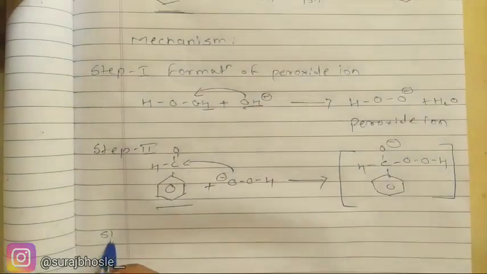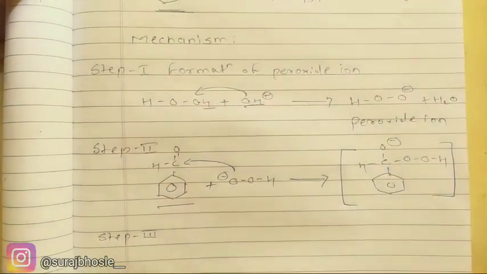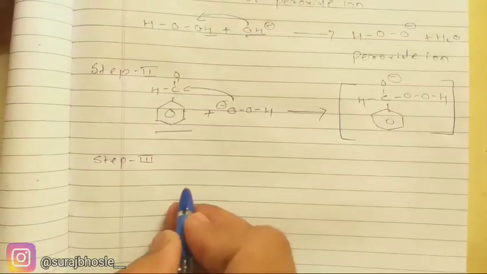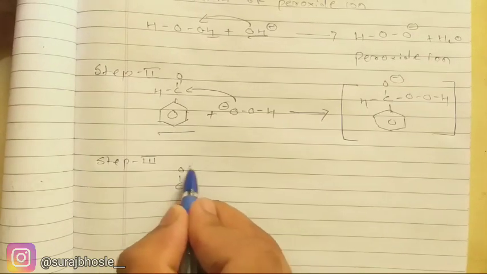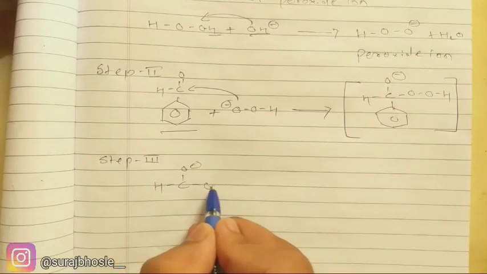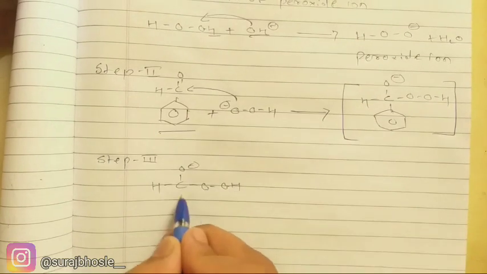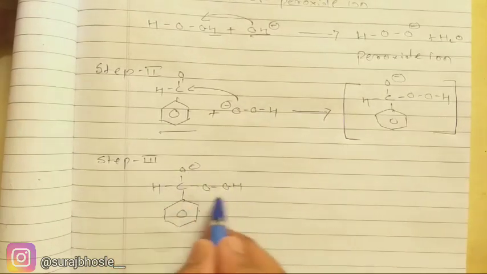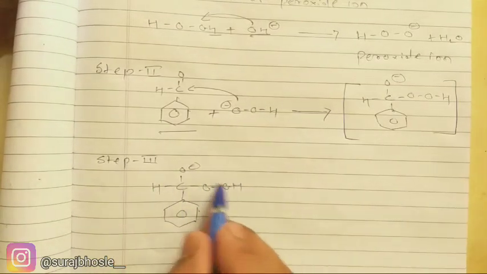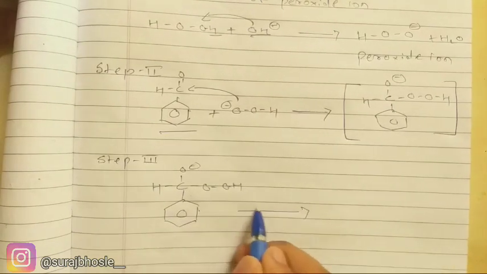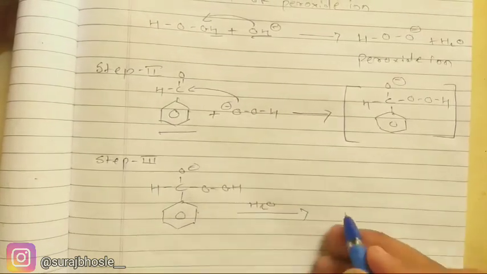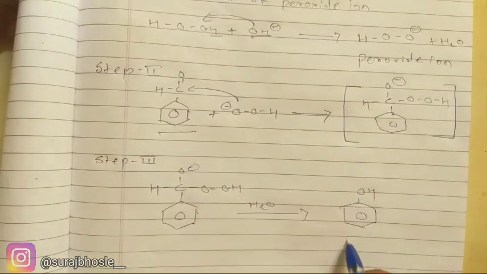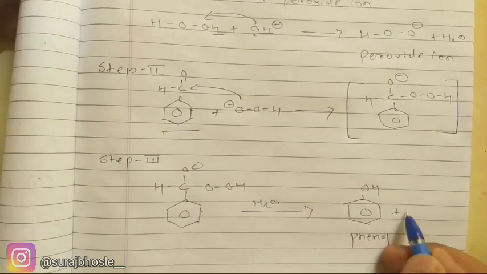Now in step 3, the peroxide intermediate is subjected to hydrolysis, as we have already mentioned in the reaction. This will lead to the loss of the formic acid group. If we do the hydrolysis of this compound, we will get phenol along with formic acid.